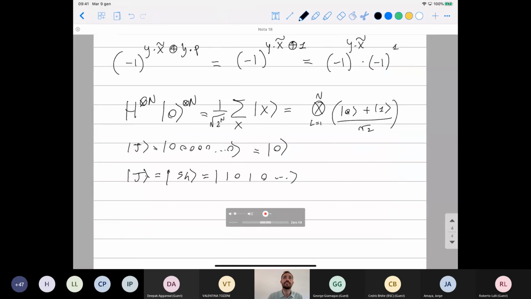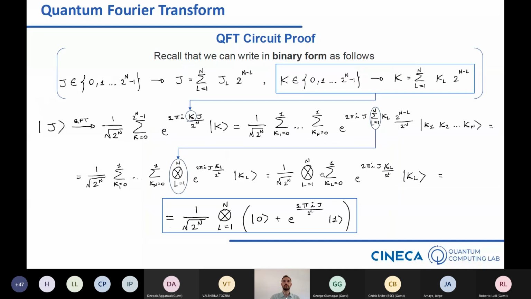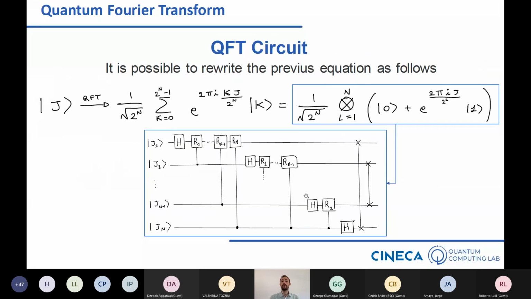This case here is a simple case where you only have the Hadamard and no controlled rotations. So in general, the circuit that realizes this function is this one. Are you with me so far? Okay, visible.